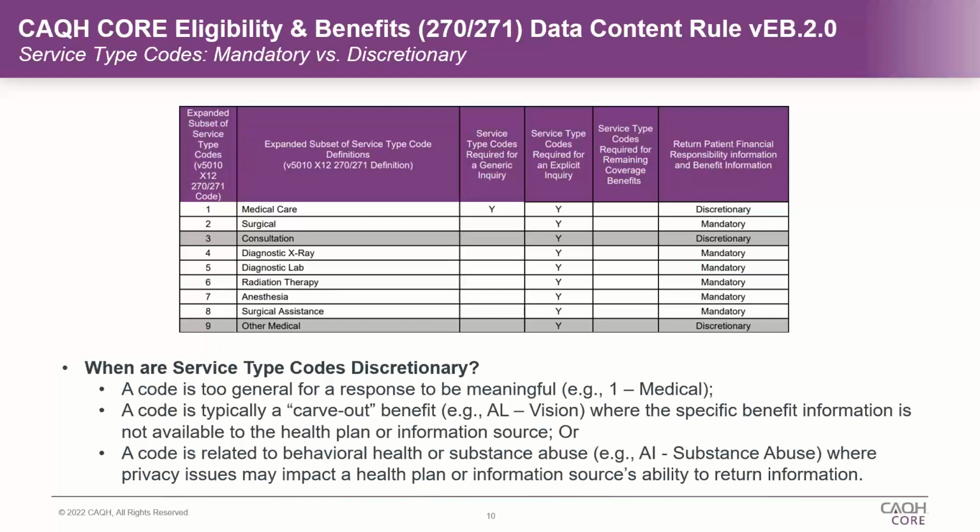Again, as a stepping stone for the industry to implement the latest version of operating rules over the next couple of years, we've added on to the 50 codes that we had before to make it now about 130. We've upgraded the number of explicit STC codes that must be supported.